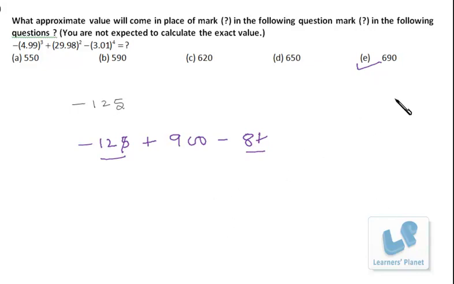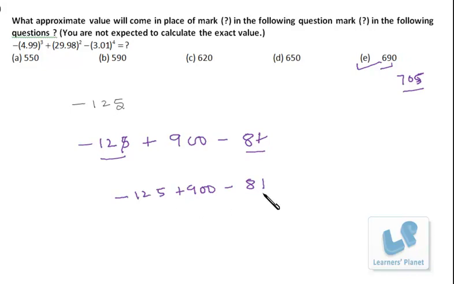Friends, if the other option instead of 690 had been maybe 705, right? Now 690 is also close, 705 was also close. Now which would you have to take? Just listen to me carefully once again. This is like minus 125 plus 900 minus 81, right? So what I'm deducting is just 200, but the actual deduction is 206, right?